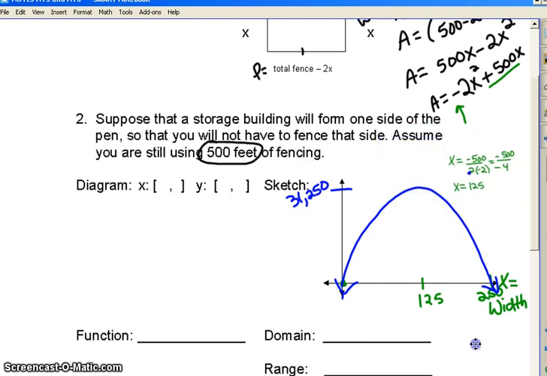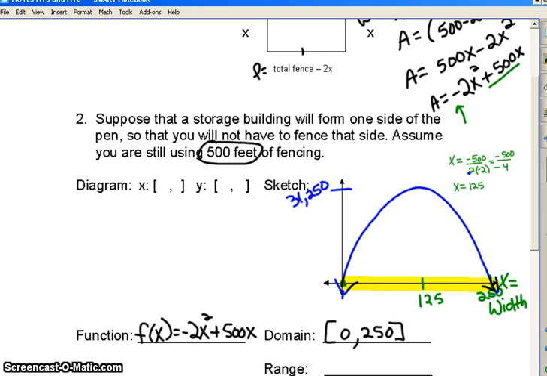Okay, the function f of x equal to -2x squared plus 500x. Okay, the domain is going to go from 0 to 250. And the range is going to go from 0 to 31,250.